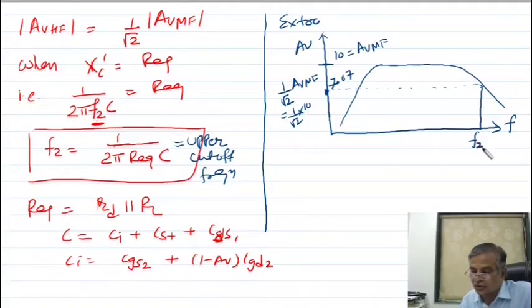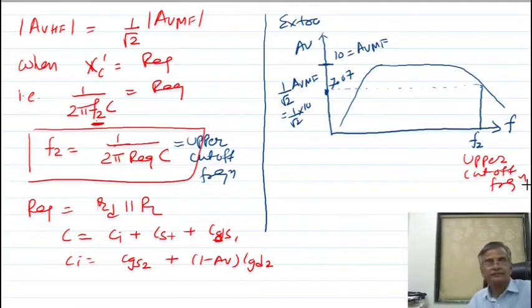This is called the upper cutoff frequency. This is the discussion for gain at high frequency.